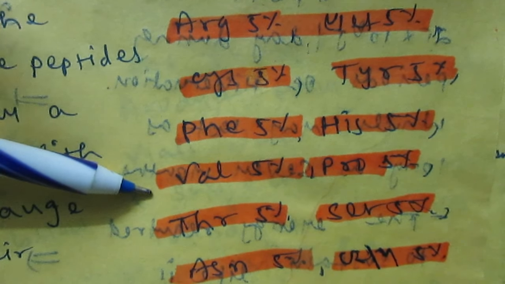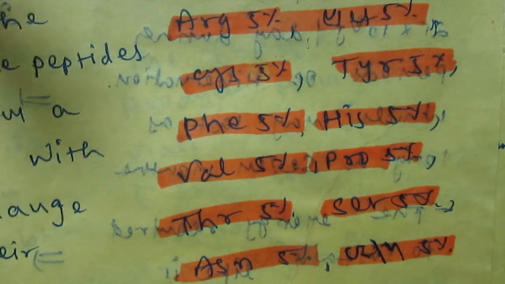That means protein A, when eluting from a cation exchange column, will interact and take more time because of the higher amount of positively charged amino acids, which will interact more with the cation column than protein B and protein C. Protein B takes less time than protein A, and protein C again takes much less time than protein B and protein A while eluting from a cation exchange column. So this is a very easy concept.